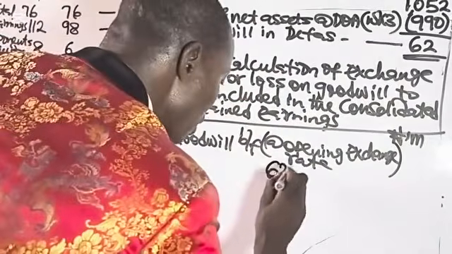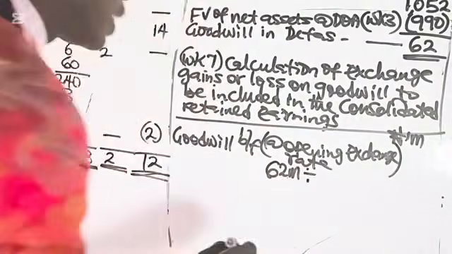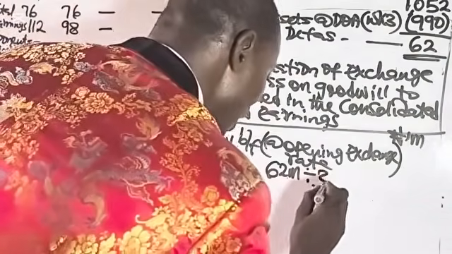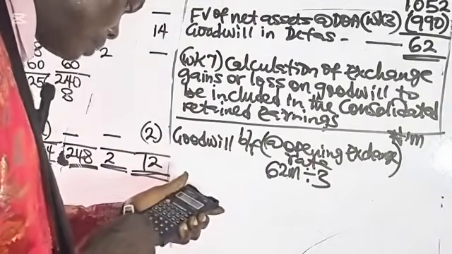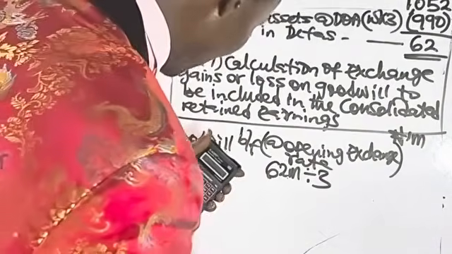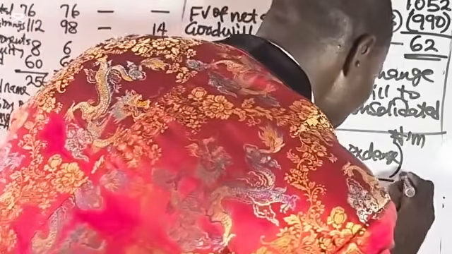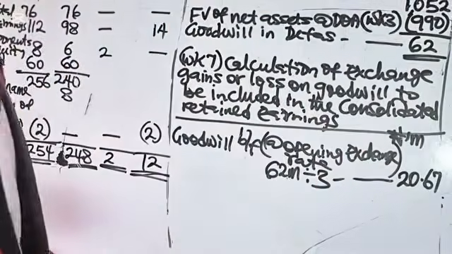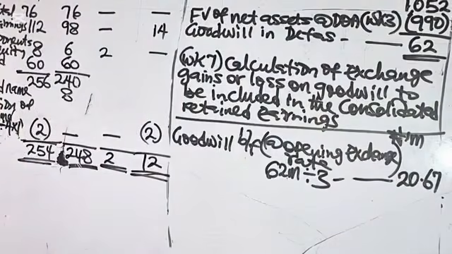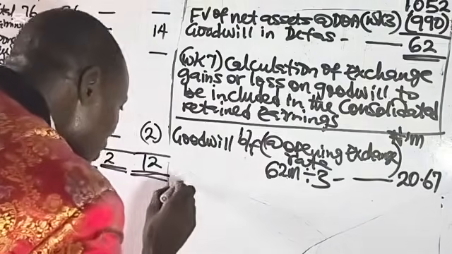We have our goodwill to be 62 million. The rate of exchange at the beginning of the year is 3 DEFAs to 1 naira. 62 divided by 3 gives us 20.67 approximately.